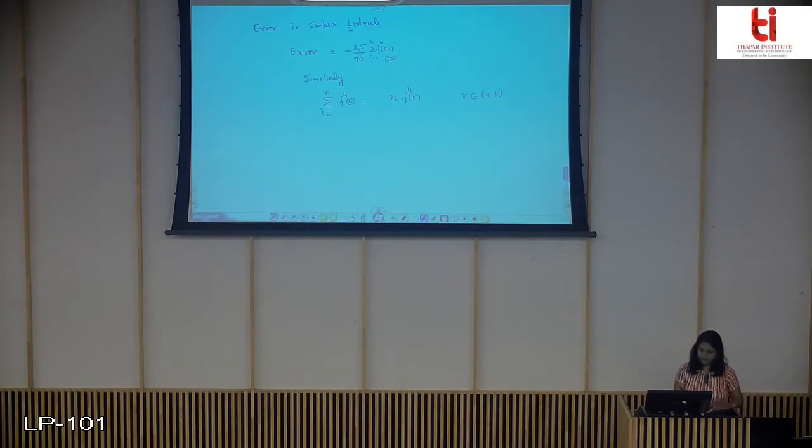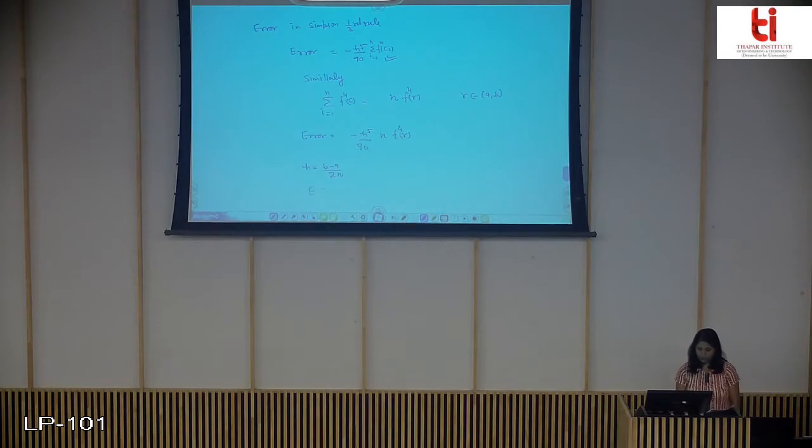Okay, so the error formula will be coming out to be minus h5 upon 90 n f4 r. Here h is, in the Simpson one-third formula, b minus a upon 2n. How many intervals are we having?